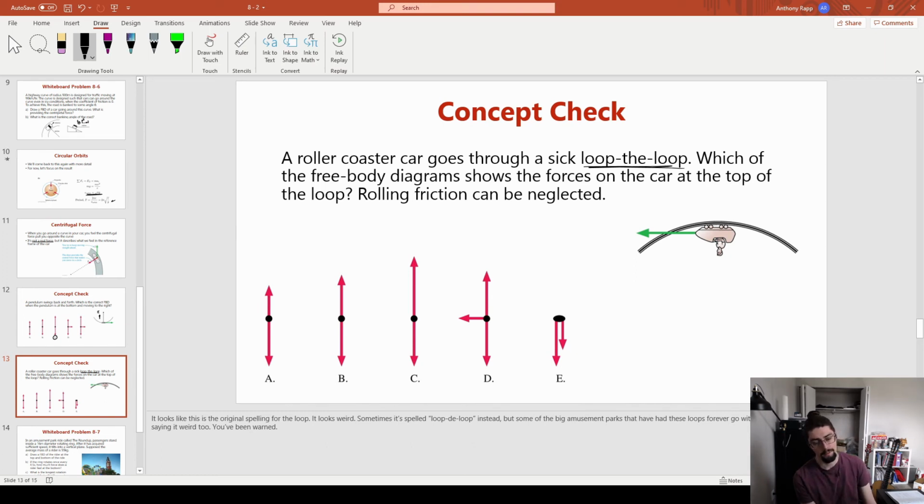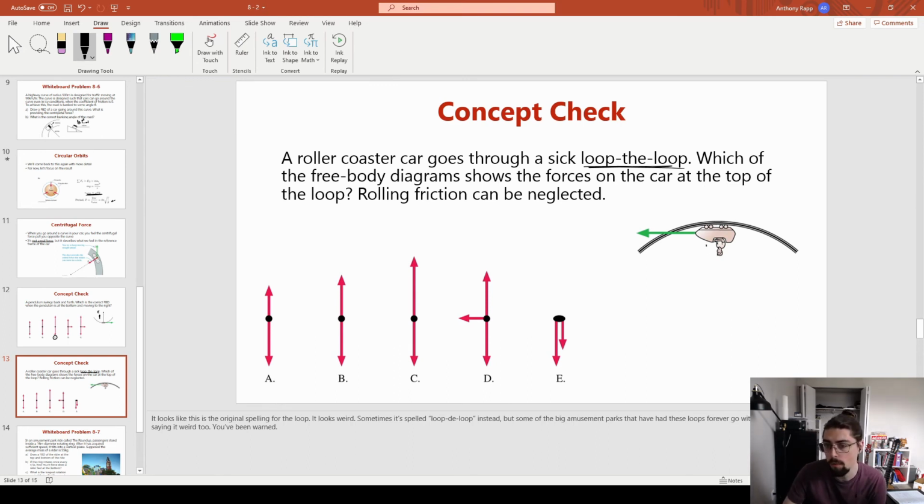All right. So, here's what I'm thinking. I am looking at the forces acting on the car. If I'm thinking about the forces acting on the car, I see some object above the car. And if I see an object in contact with the car above it, surely there is a normal force between the two.